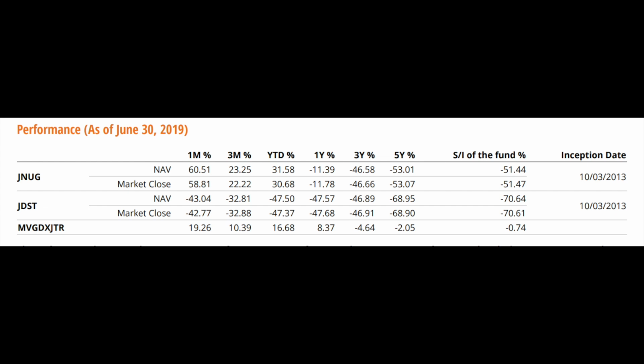So you might not notice it immediately, but that's why they recommend only trading JNUG and JDST on one day to get your 3 times of the value that you're actually trading off of.